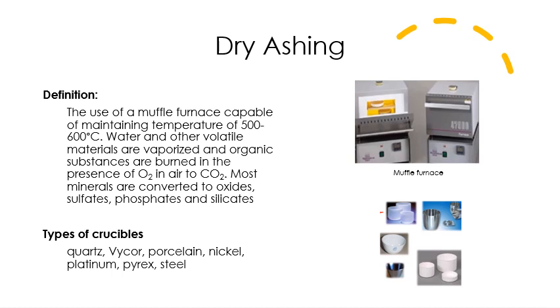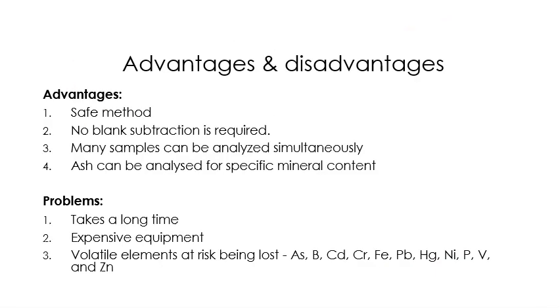To perform dry ashing, you can use different types of crucible. In our faculty, we use the common porcelain crucible, where we place our samples and put them in this furnace. There are, of course, advantages and disadvantages of using dry ashing. These are safe methods.